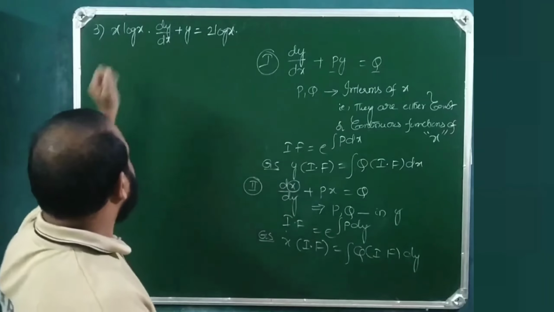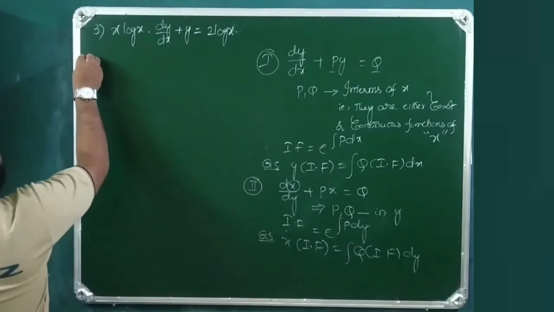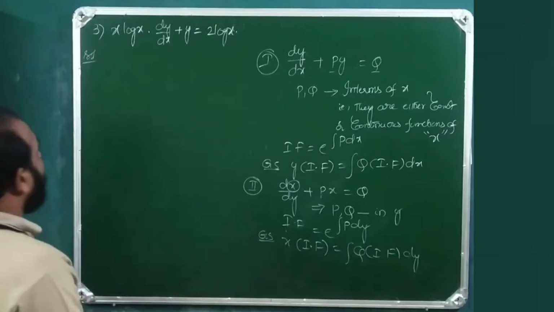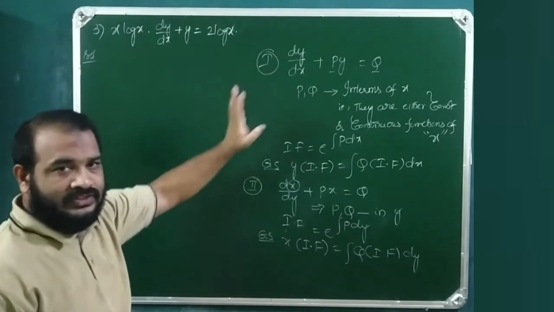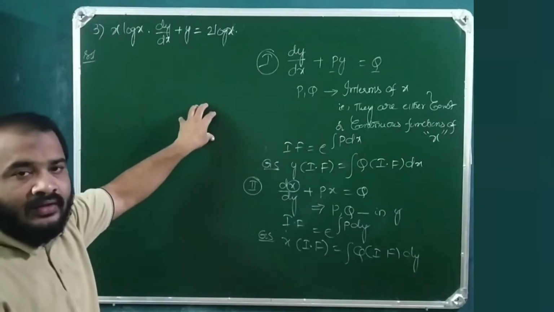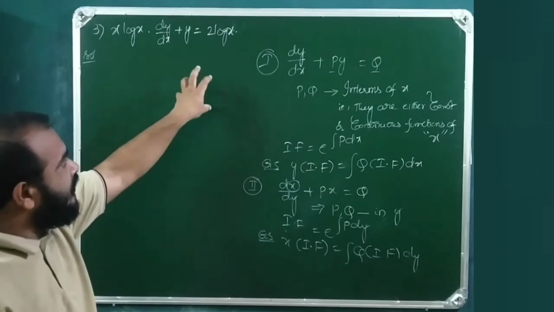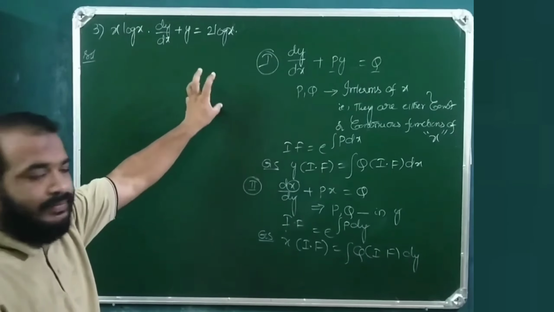Based on this, the next problem is x log x into dy by dx plus y equals 2 log x. First of all, this is not in a regular linear differential equation type.